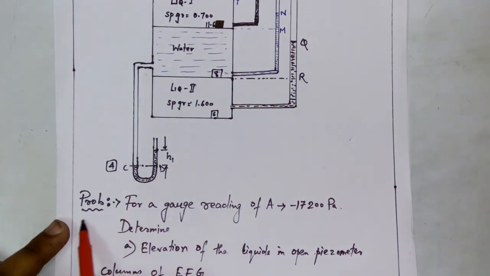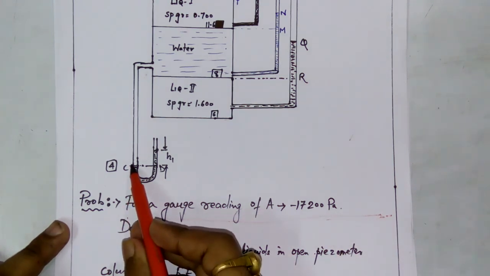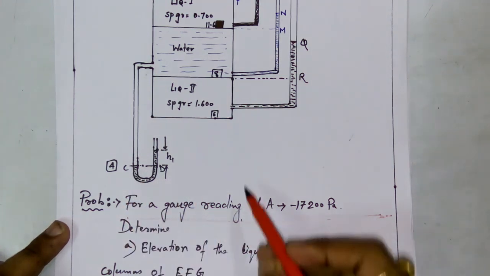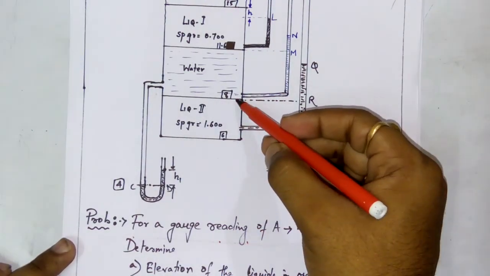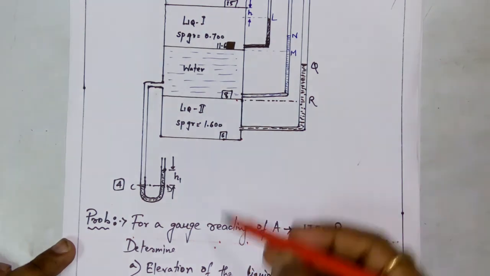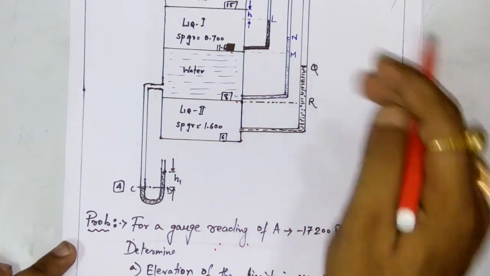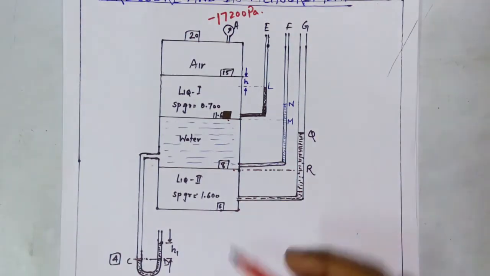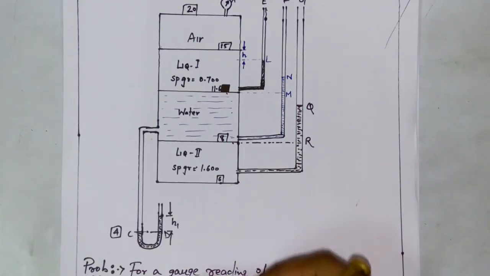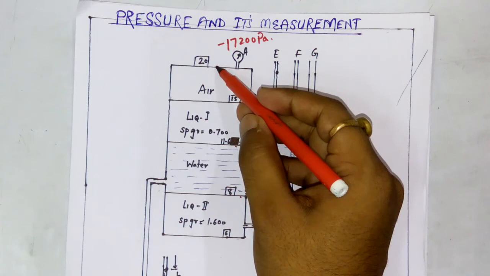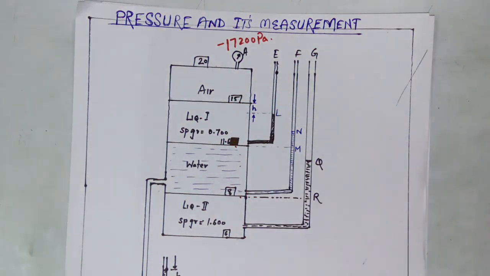Suppose you consider your datum level to be somewhere here. From here to here this height is 4 meters, then 6 meters, then 8 meters, then 11.6, then 15, and down to here it is 20 meters. These elevations are given to you.